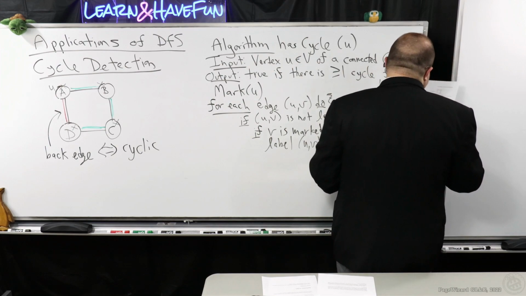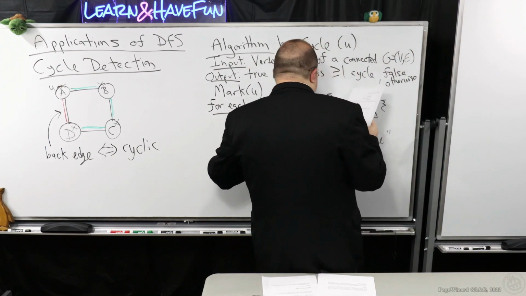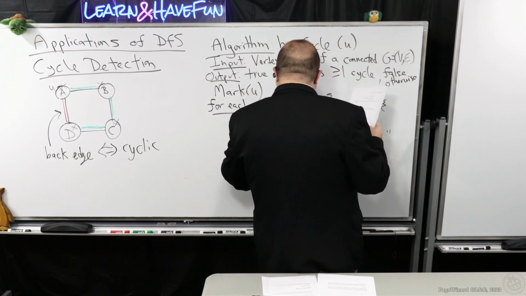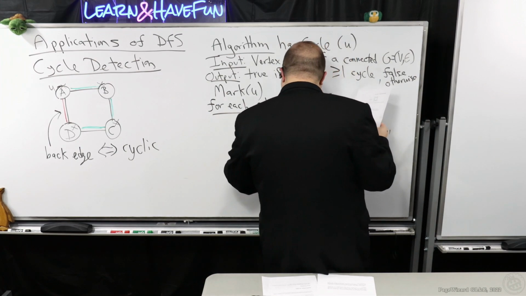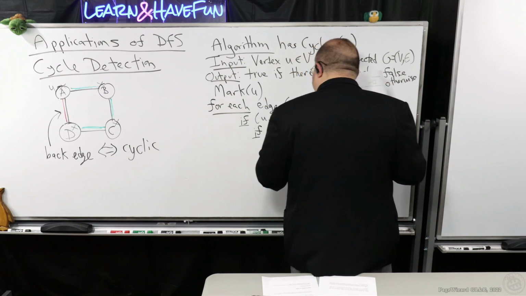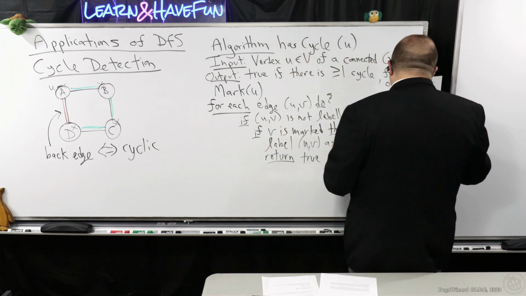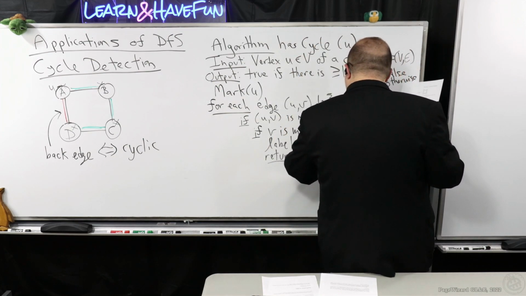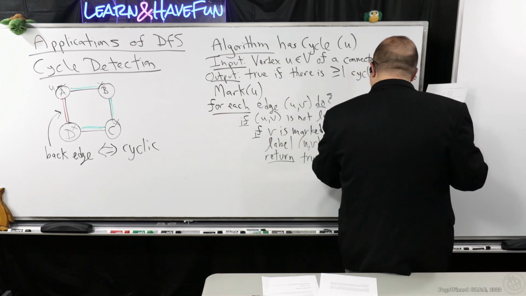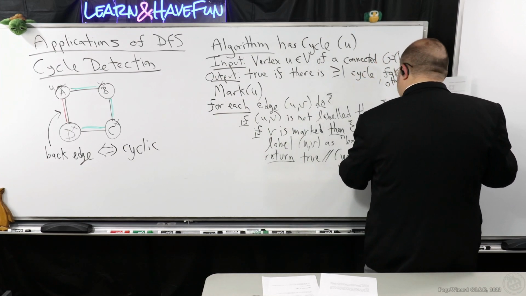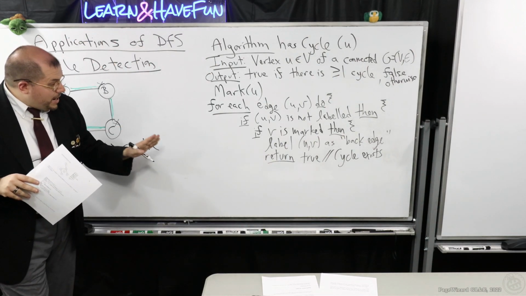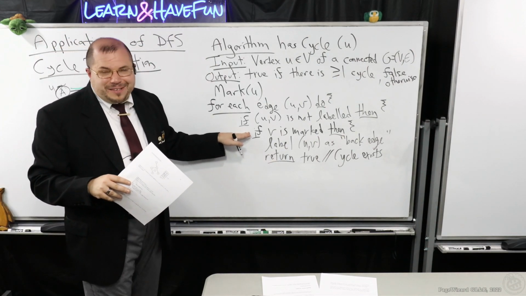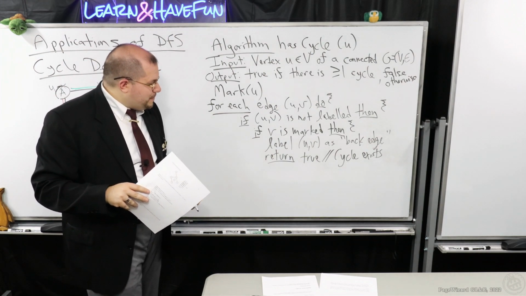I must stress, by the way, that it doesn't really matter a whole lot what we label the edges. What really matters is that we find a back edge. The condition of a back edge is just that the opposing endpoint is marked. So if we run into this back edge, meaning that the opposite endpoint's marked, we return true.